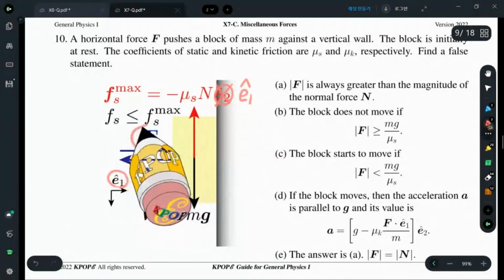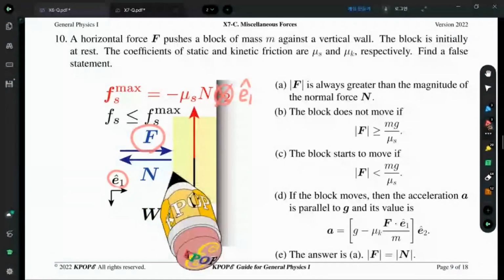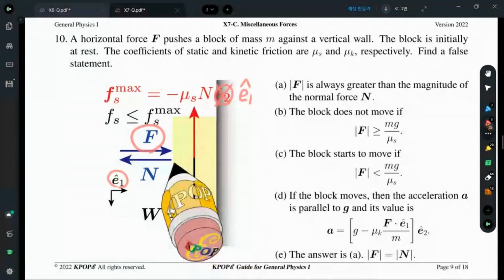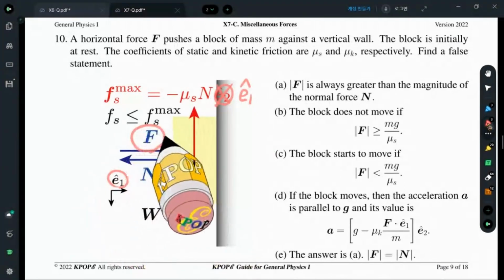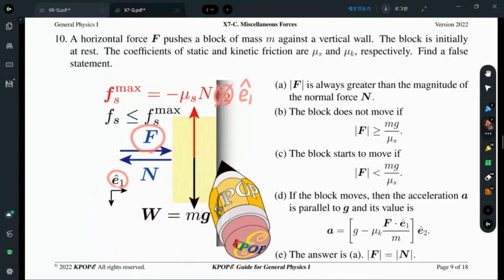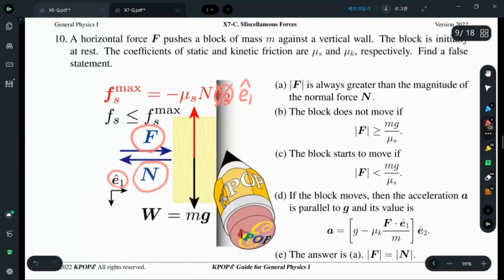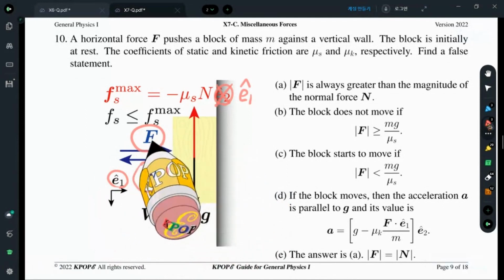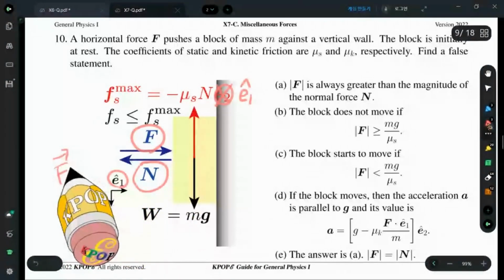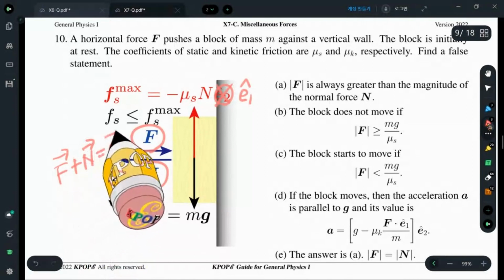So F is pressing the block that is attached to the wall, and there is a force F. Because this block does not penetrate the wall, the normal force from the wall cancels this force exactly. So F plus N must be 0.